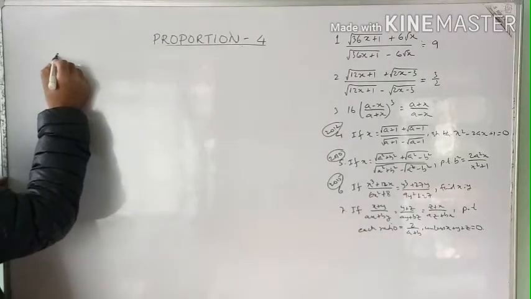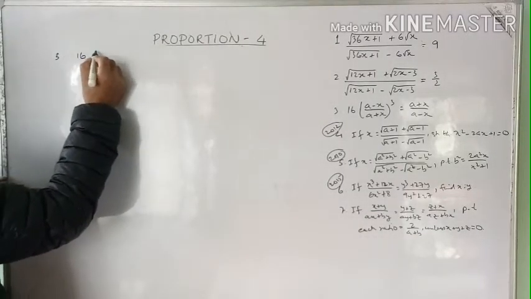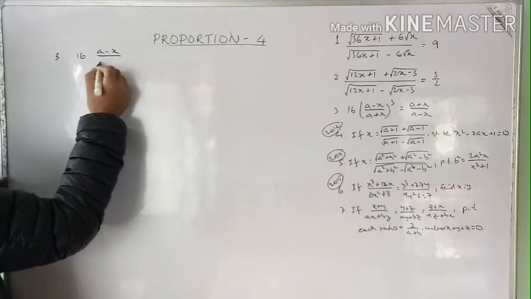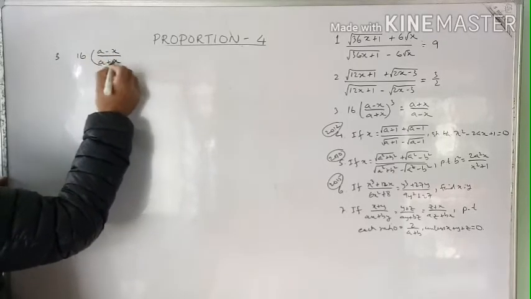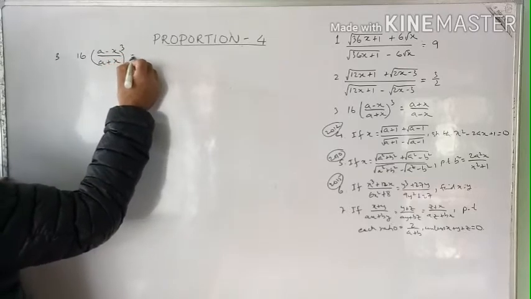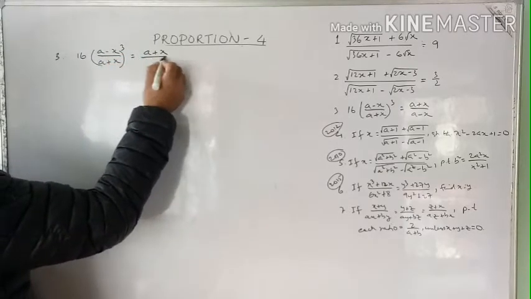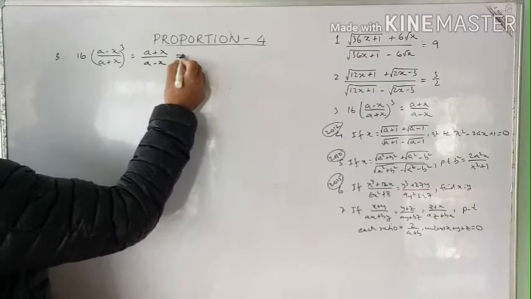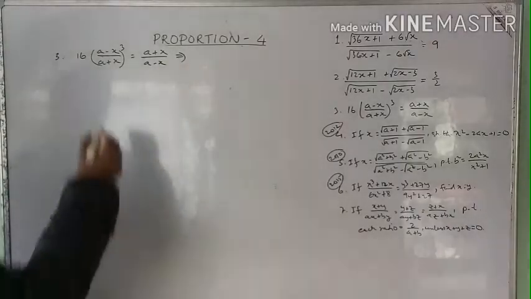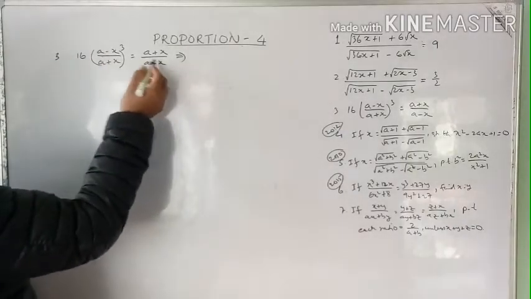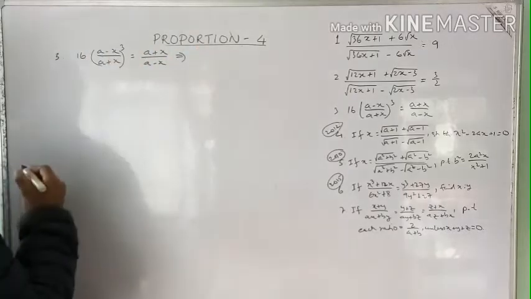So question number 3: 16 into (a minus x by a plus x) whole cube equal to (a plus x)(a minus x). So here, since a minus x, a plus x are on this side, bring these terms to this side, and 16 you take to RHS.